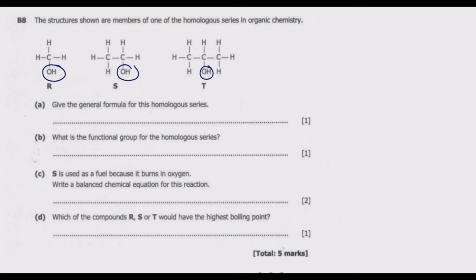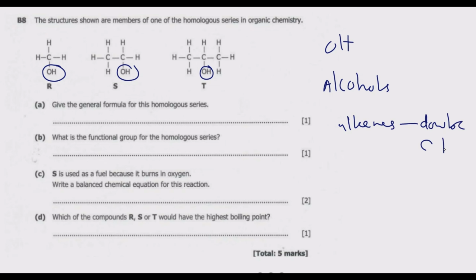Because of that, these are alcohols. Remember, alkenes, just to remind you, have a carbon-carbon double bond.